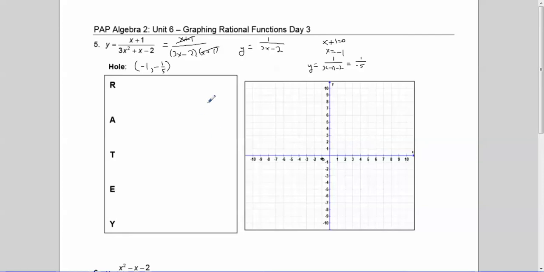And let's go ahead and use radii to graph this. Again, this one's just a transformation of our parent function. But let's use radii. 1 is not equal to 0. So there are no roots. Our vertical asymptote occurs where the denominator equals 0. So 3x minus 2, we will have x equals 2/3.